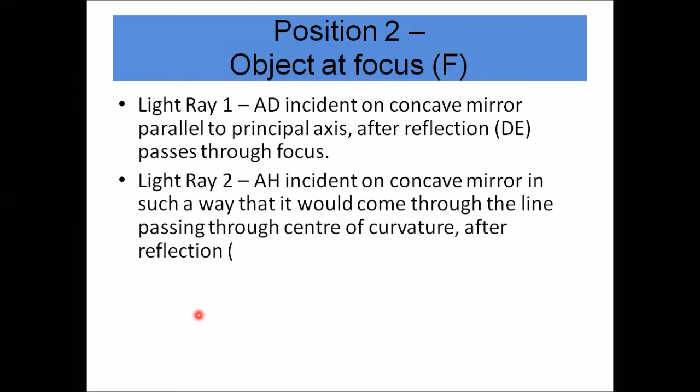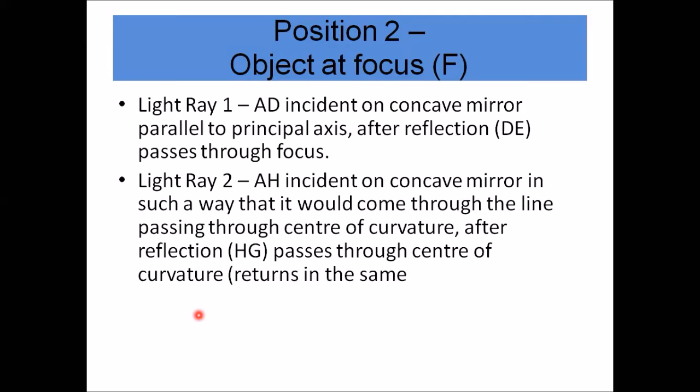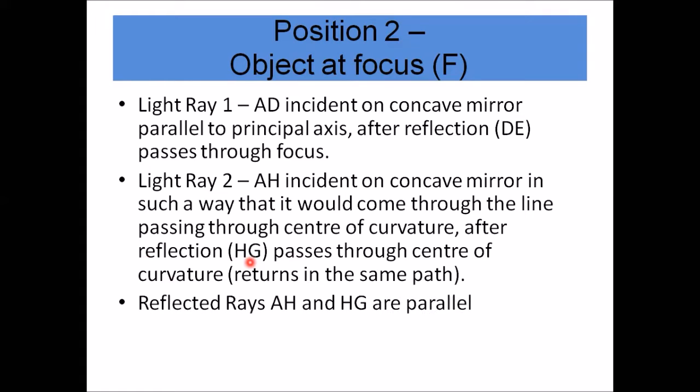What will happen to it? After reflection, it will pass through the center of curvature and return back along the same path. So the reflected ray was HG. As we can see here, the reflected rays DE and HG look parallel to each other. They will not intersect, but we can say that they will intersect at infinity, at a far point.